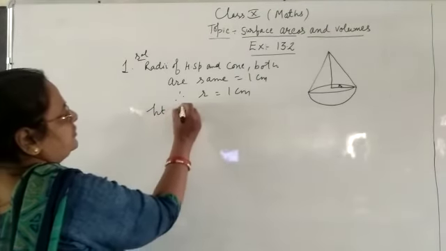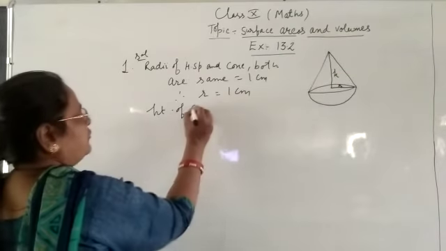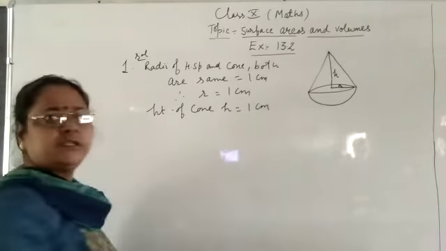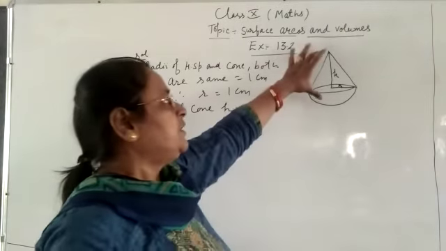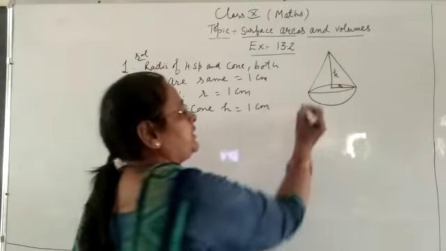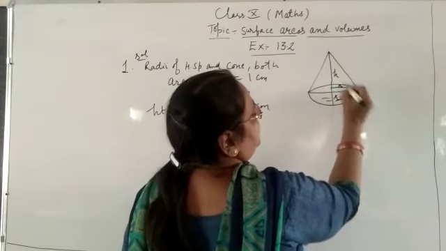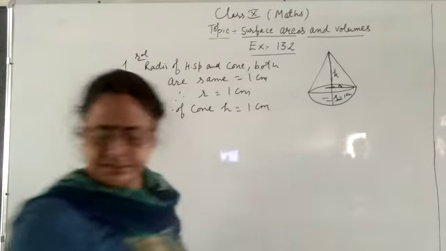This part is h, this is r, height of cone h is also equal to 1 centimeter. See students, in this question the upper portion is the conical part, and the lower part is the hemispherical part. The radius is 1 centimeter here, and this height is also equal to 1 centimeter.